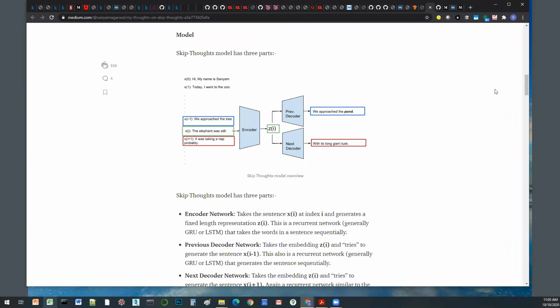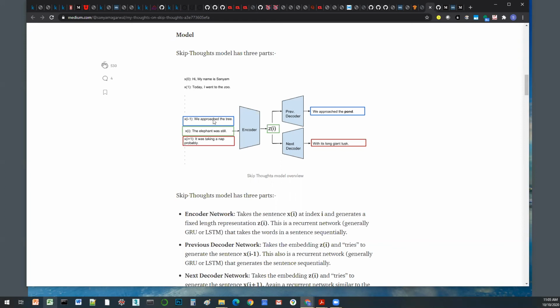Then he uses the encoder part to generate the sentence embeddings, which are then used to predict. So there is an encoder network and a decoder network, but there are two decoder networks.